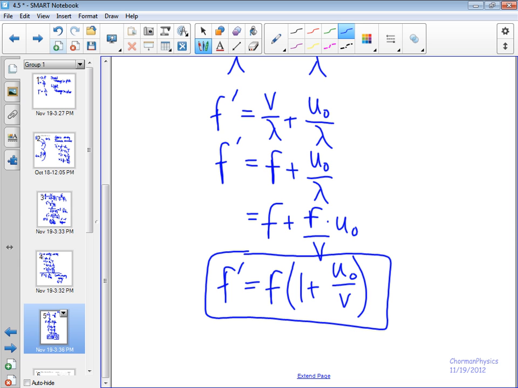So this looks like our previous formulas here. We have a little mnemonic for remembering this: observer towards add, OTA, okay? The observer is moving towards the source. We add the term here in our parentheses.